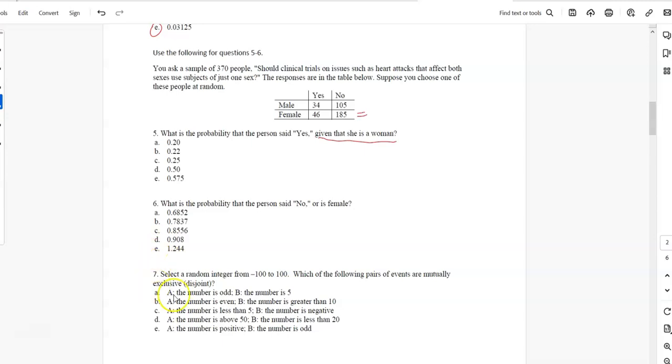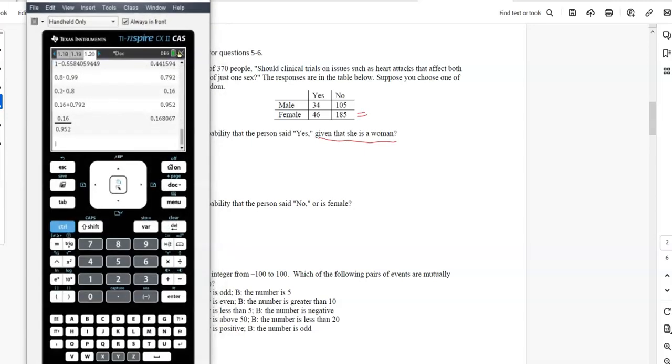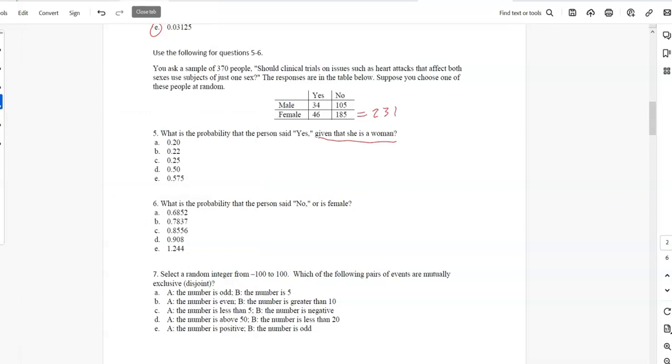So if you add up 46 plus 185, you get 231. So out of those 231, that's the given. What's the probability of yes? So yes would be 46 out of 231, which I believe when you divide that is very close to 0.2.